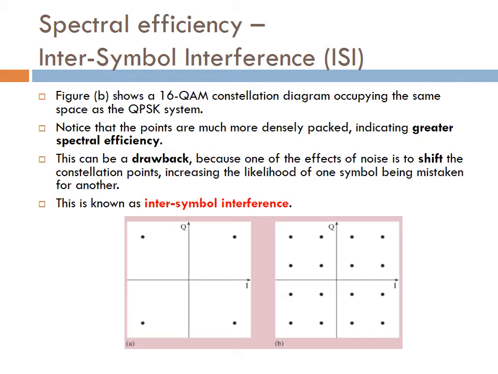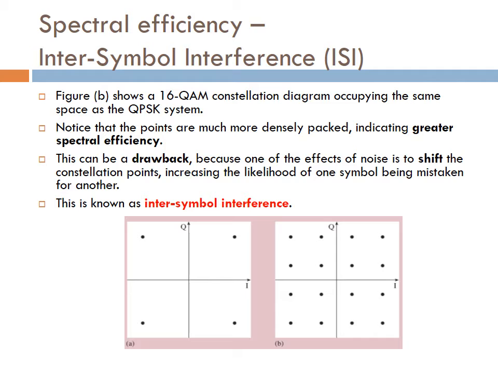Another thing to take into consideration is intersymbol interference, ISI. Take the case of figure B, which shows the 16 QAM constellation diagram occupying the same space as the QPSK system presented in figure A. Notice that the points are much more densely packed in figure B, indicating a greater spectral efficiency.